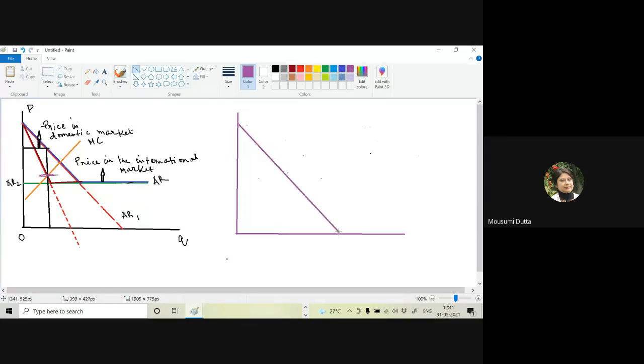So this is the domestic demand. This is the corresponding MR. This is the foreign demand, competitive, facing the competition. And along this line, AR is equal to MR. So this is foreign.